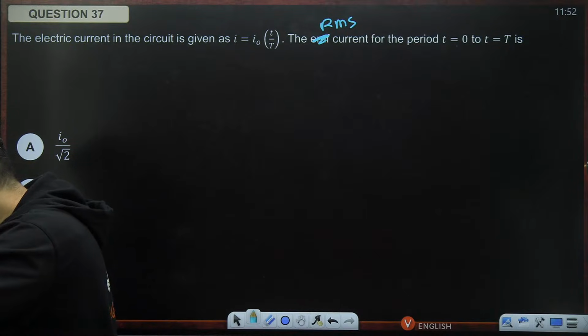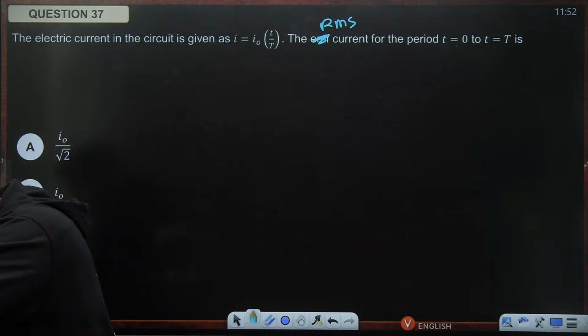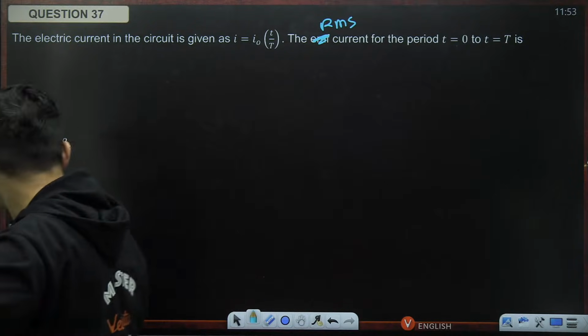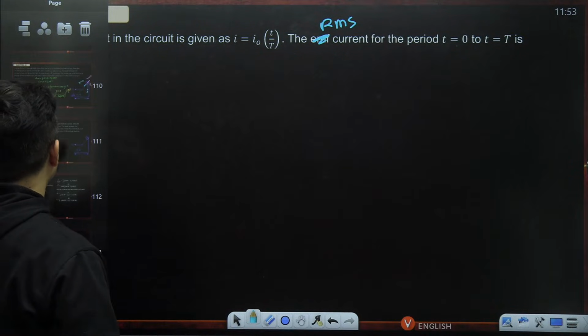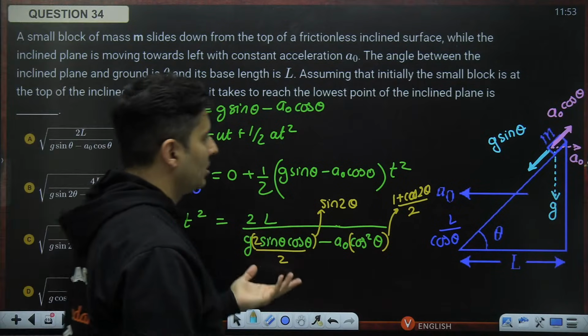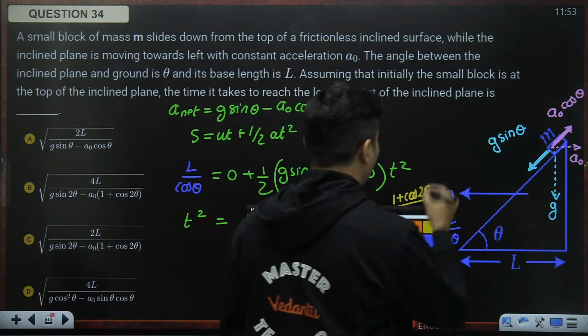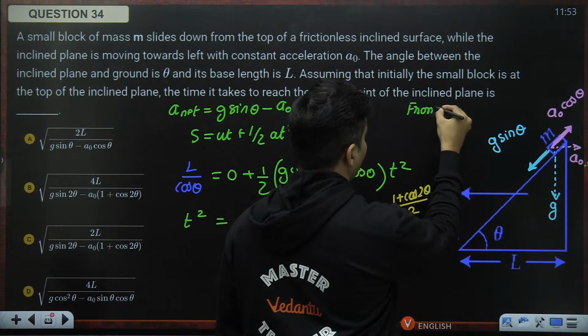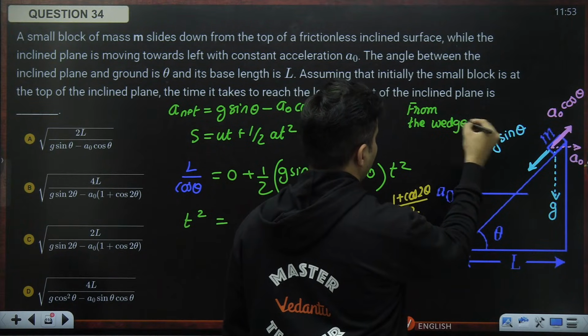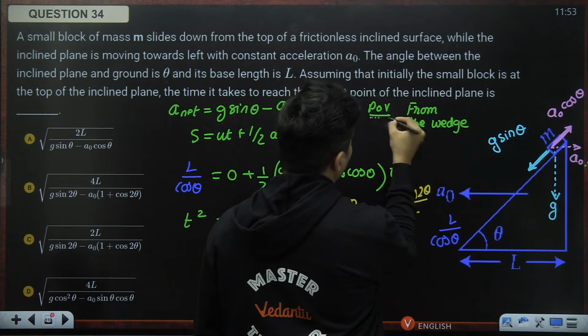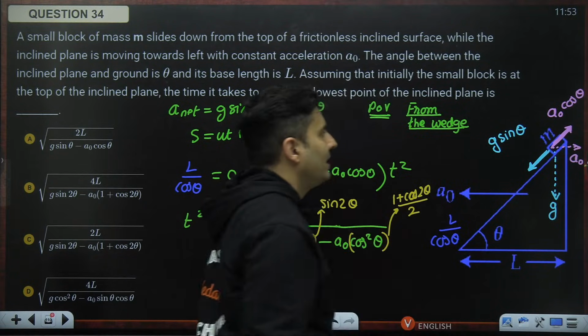Yes. Everyone, are we applying pseudo force because the ground is the observer? No. We are applying the pseudo force because we are sitting on the wedge. So the POV is from the wedge.